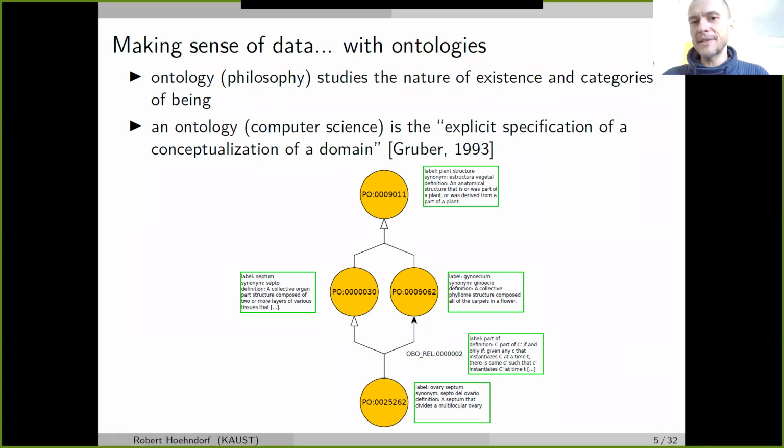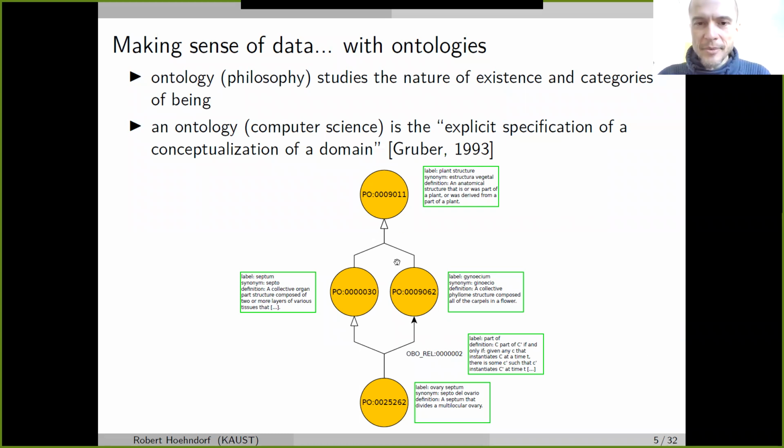Just below what we can see in this ontology, there are classes, and these classes may have some labels and some descriptions. And there are axioms that relate classes to each other. The axioms here are indicated by edges between the nodes. So nodes represent classes, and the edges represent axioms between them.